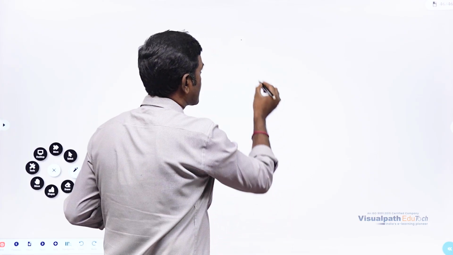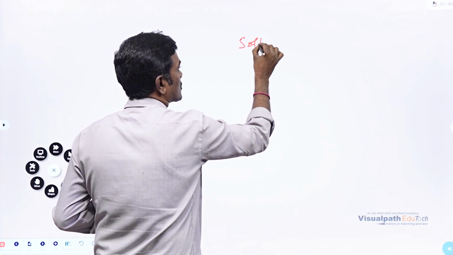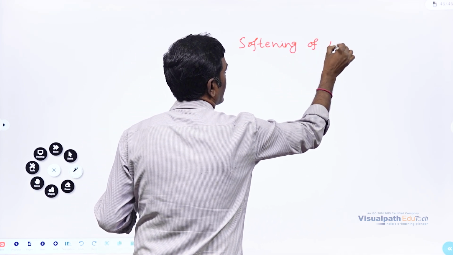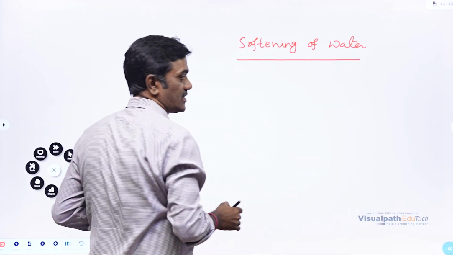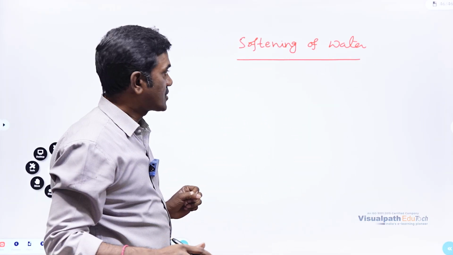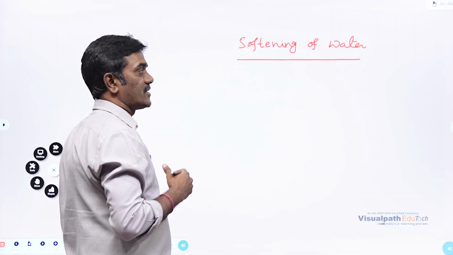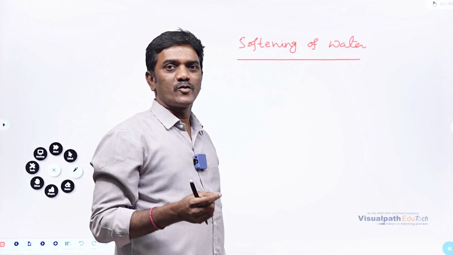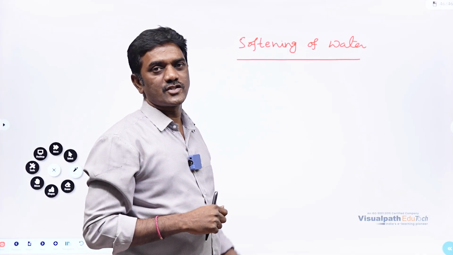Now we are going to discuss the next application, called softening of water. This is the last application of coordination compounds. We have discussed a series of applications. How are complexes going to help us soften the water? Already we have discussed the quantitative analysis of coordination compounds.